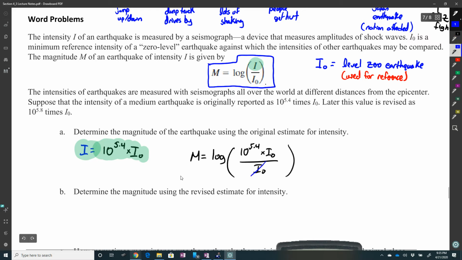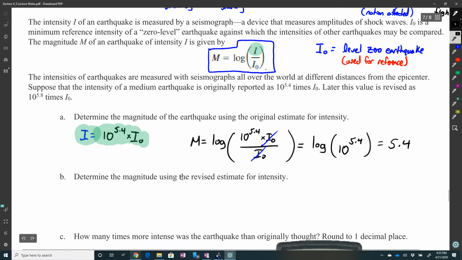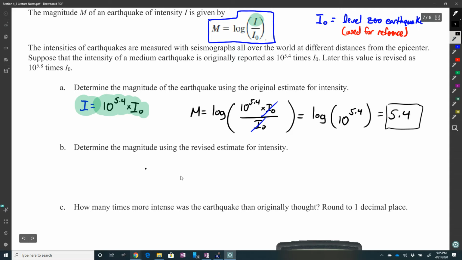Notice the I0s cancel out. And you have log of 10 raised to the 5.4, which is a 5.4. So a 5.4 level earthquake was originally estimated. They do the math again, and they changed their value to 10 to the 5.8 I0.